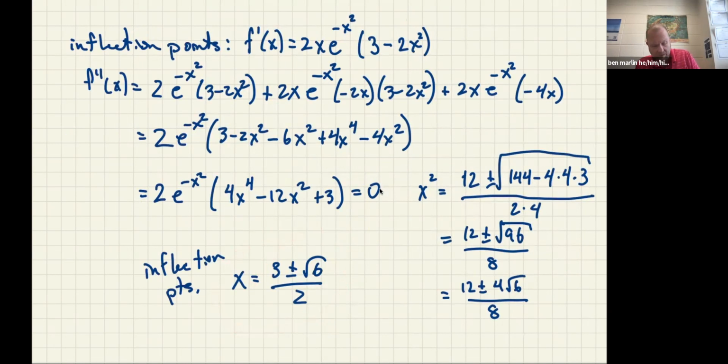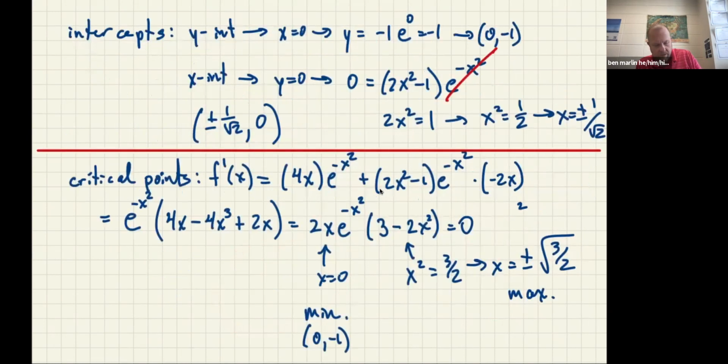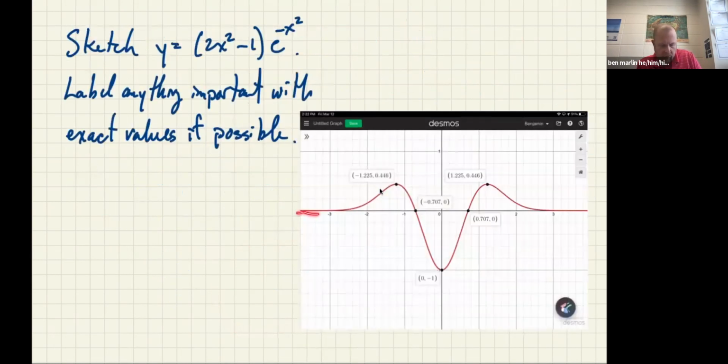We can get to a numeric approximation if we need it. Then the asymptotes that we could see here, and the max and min. So we've got all the important things that appear on that.